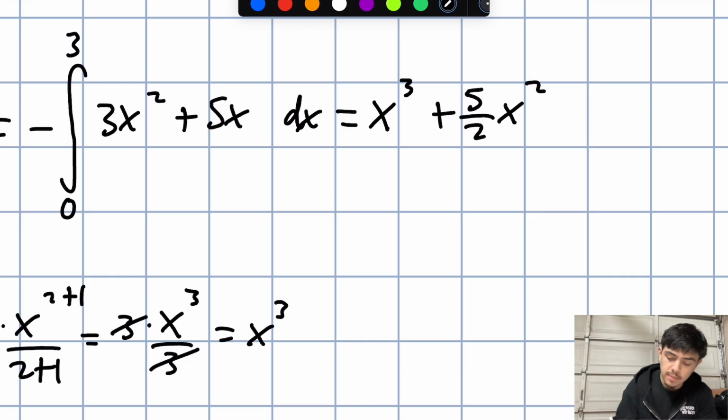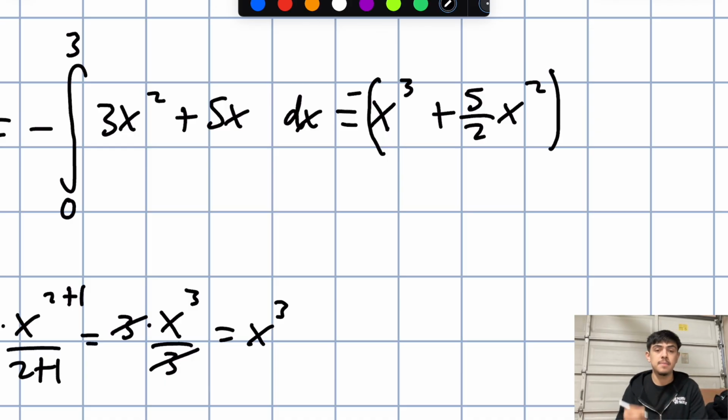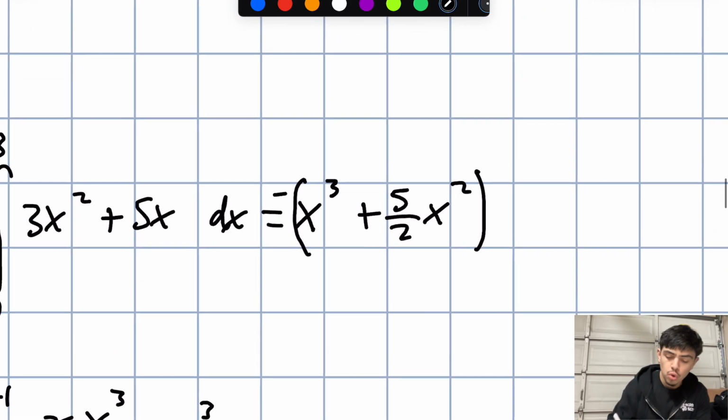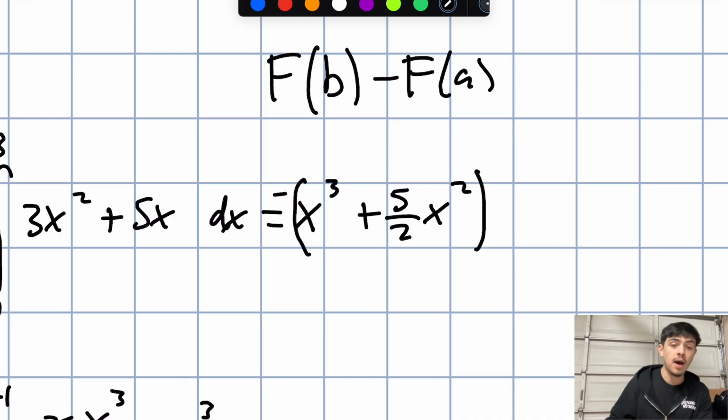But we need to make sure we account for that negative in the front. Sorry, I should have made that more clear. We have that negative in the front, and we need to evaluate our integral now with our bounds. Meaning, if you don't remember, the capital F represents the antiderivative. We're going to plug in our top bound minus the antiderivative evaluated at our bottom bound.